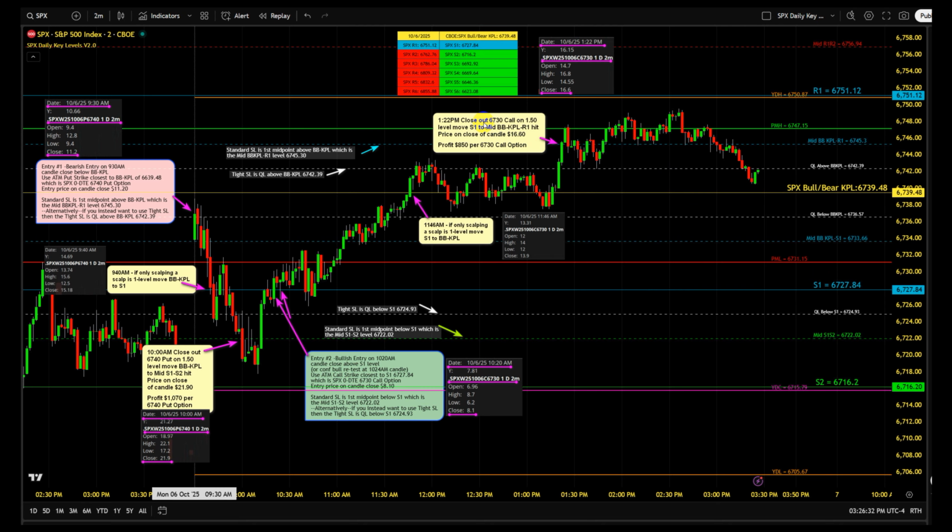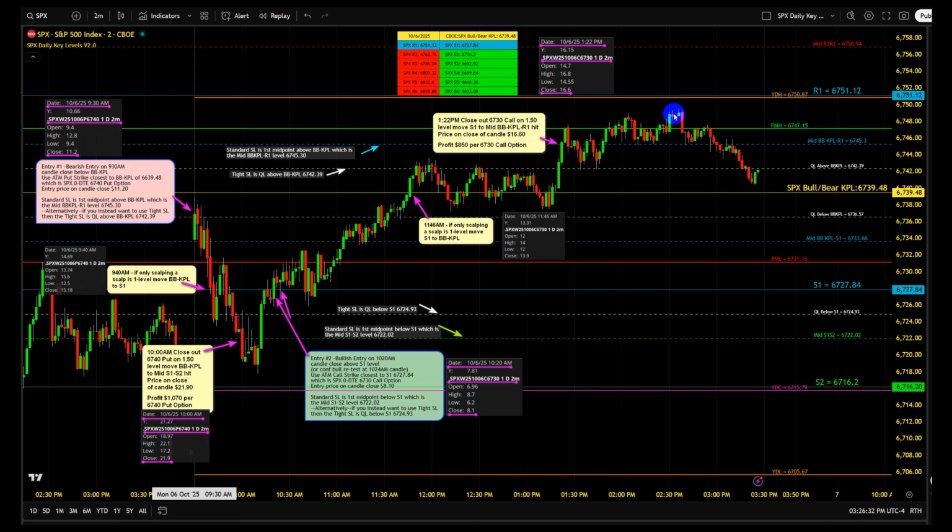So at 1:22, close out the 67.30 call on the 1.5 level move from S1 to BBKPL R1. Price on the close of the candle, $16.60. You paid $8.10, so that's a profit of $850 per 67.30 call option.